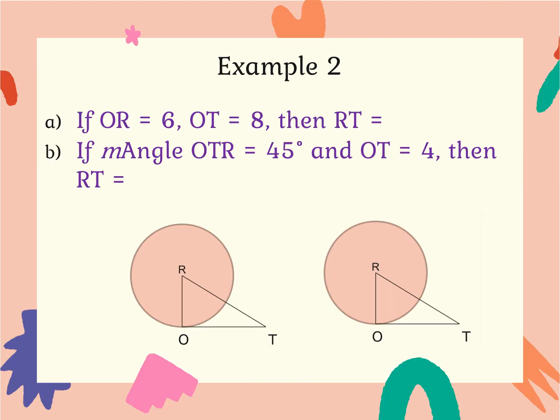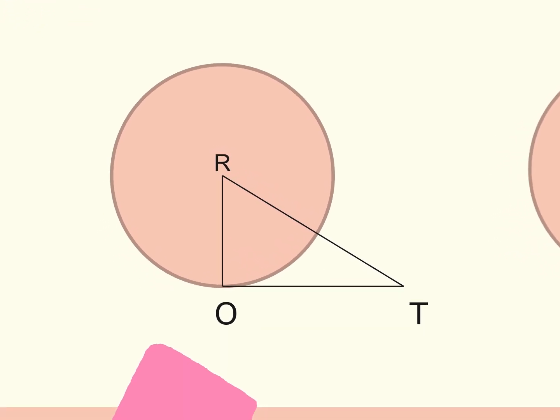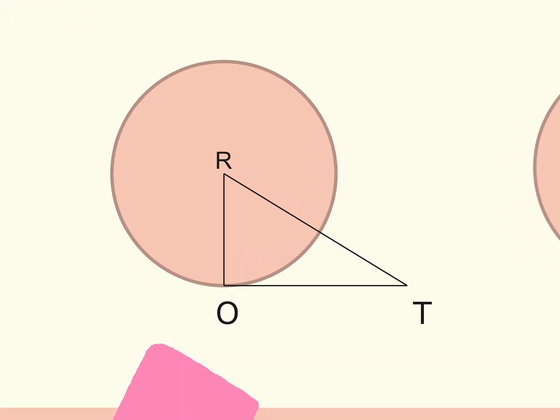All right, solving for examples. Please pay attention to these examples because you have to be able to identify specific things. Looking at A, if OR is 6 and OT is 8, then find RT. Before I label those things, I have a tangent line.